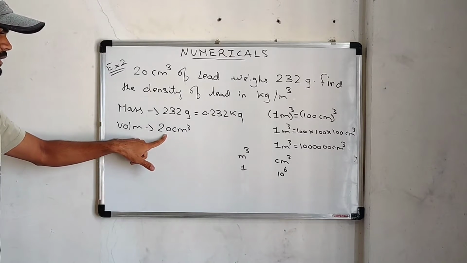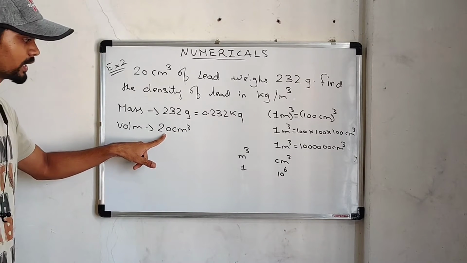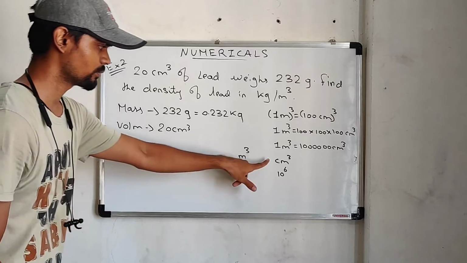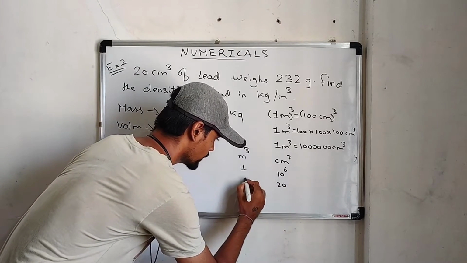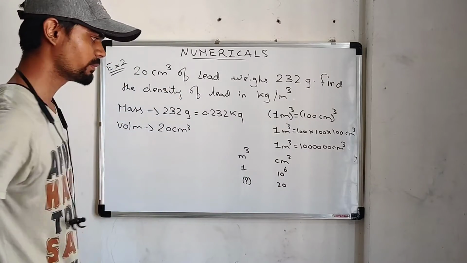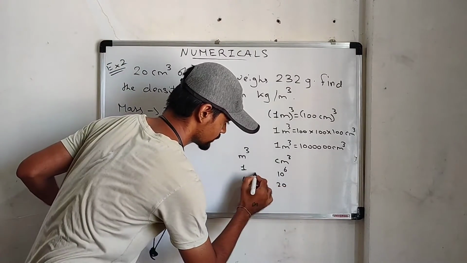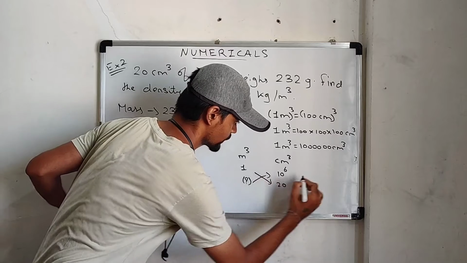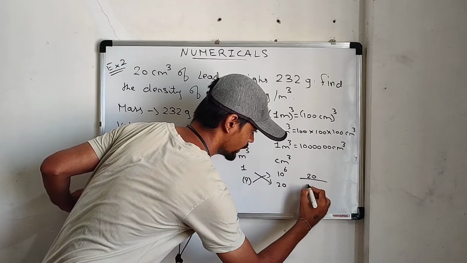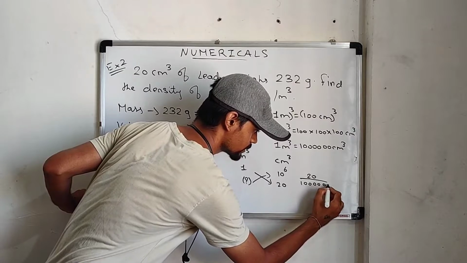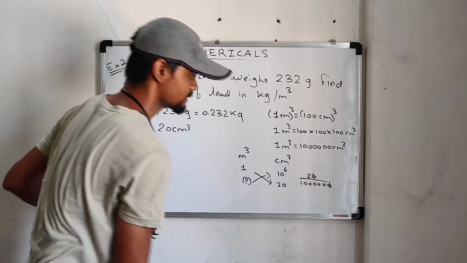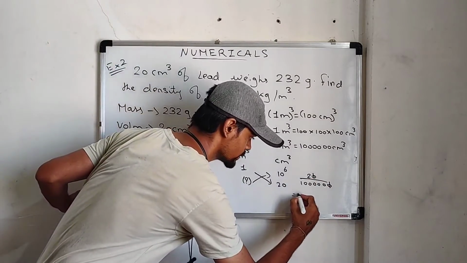In our case, we have 20 centimeter cube, so in the place of centimeter cube I will write 20. What will be the answer for this? Again you will do the cross multiplication: 20 divided by 10 to the power 6. 10 to the power 6 means how many zeros? Total 6 zeros. 1 zero will get cancelled. Now how will we write this in decimal?